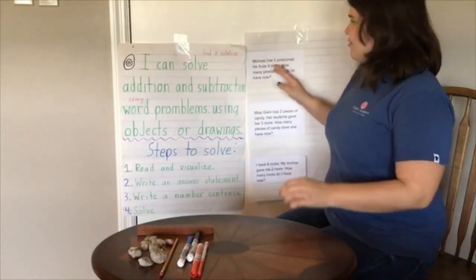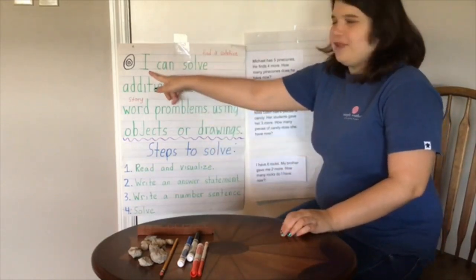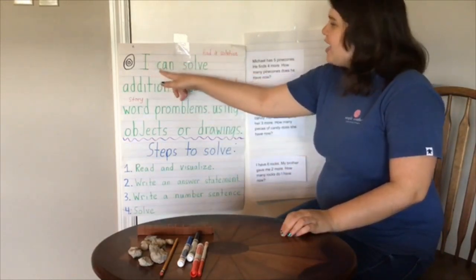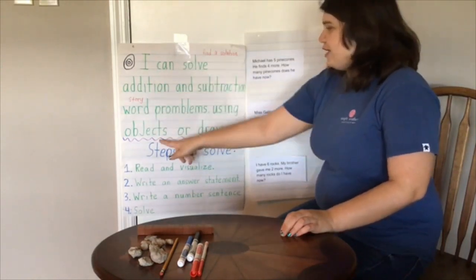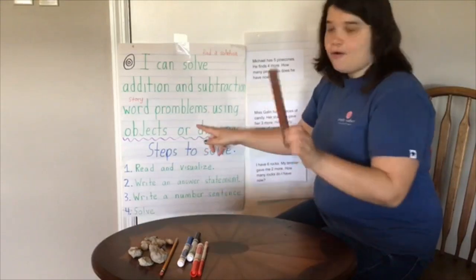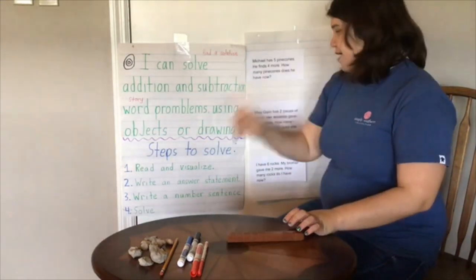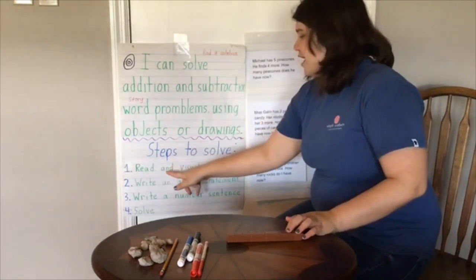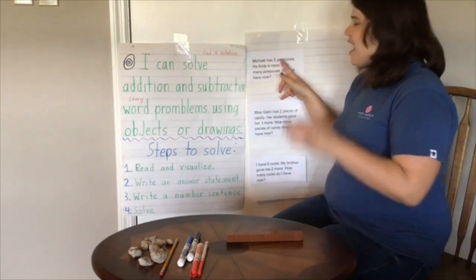Okay, first we are going to solve 3 addition word problems. So let's go back to our learning target. I can solve addition word problems using objects or drawings. Our first step to solve is read and visualize. So our first problem says, Michael has 5 pine cones.